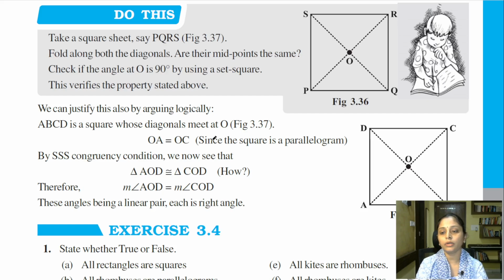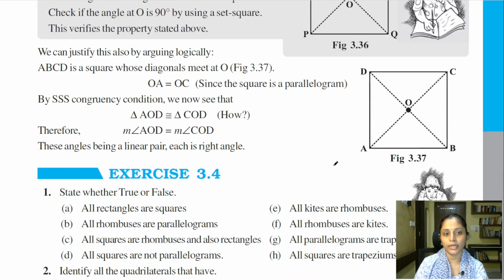Now what about the fact that they are at right angle? So for that, you consider these two triangles AOD and COD. Now here this is equal to this and this is the common side and this side is equal to this side because diagonals bisect each other.